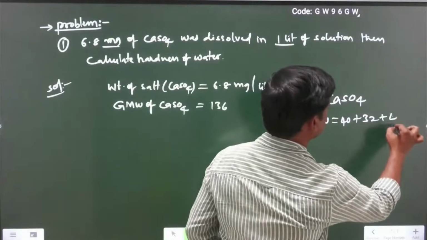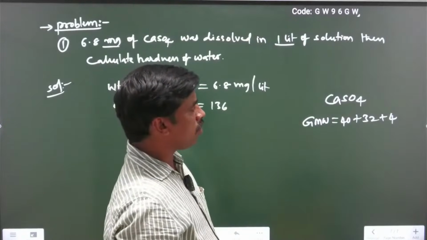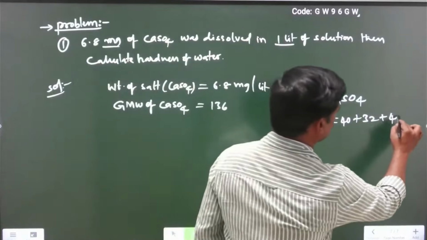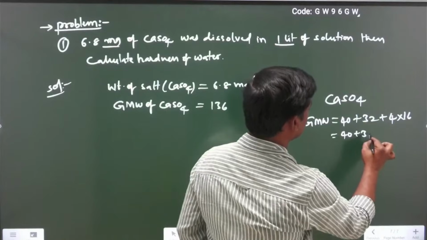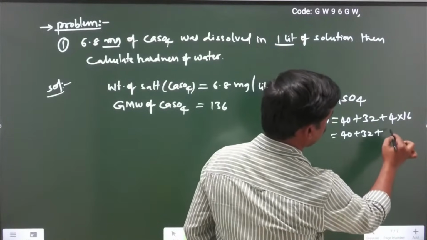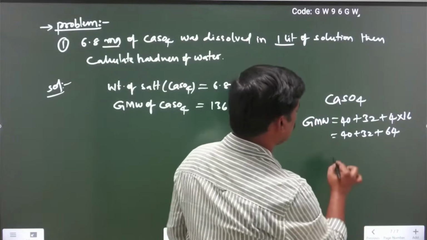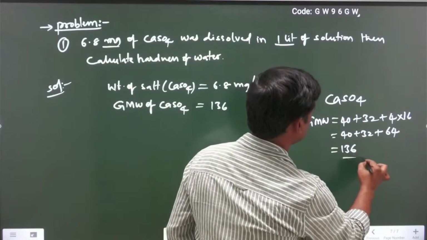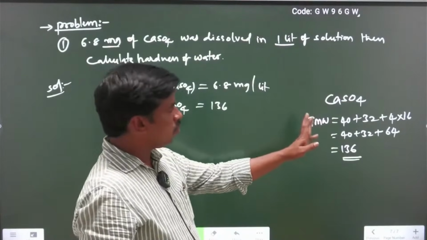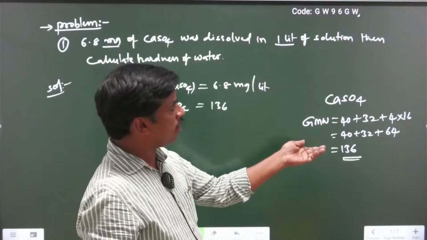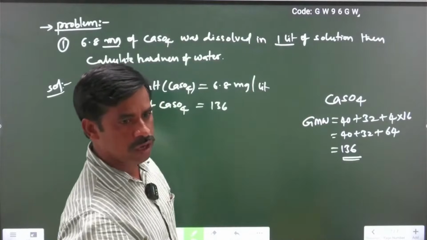Plus 4 oxygens, oxygen atomic mass is 16, so 4 into 16 is 64. Calculate 40 plus 32 plus 64: total 136. You must know the atomic masses of different elements to calculate gram molecular weights of different chemical compounds.